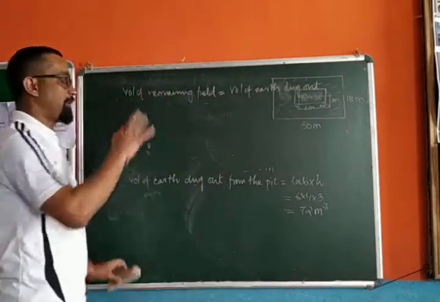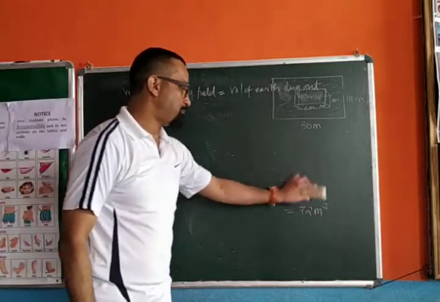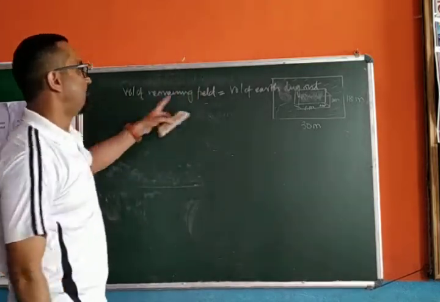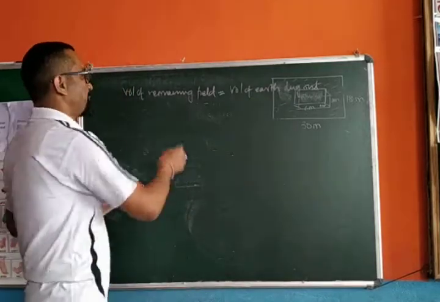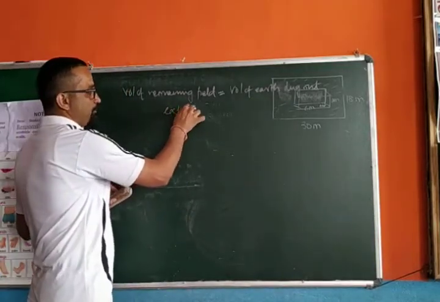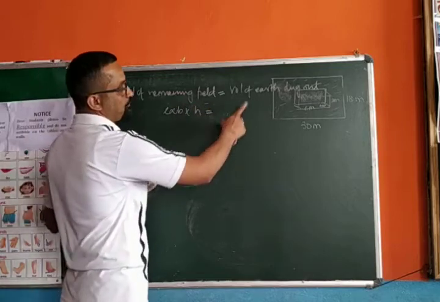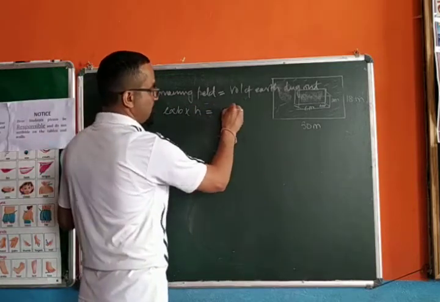Whatever earth is taken out, it is evenly spread. So volume of remaining field will be equal to volume of earth dug out. It is length into breadth into height, equal to volume we know, which is equal to 72.